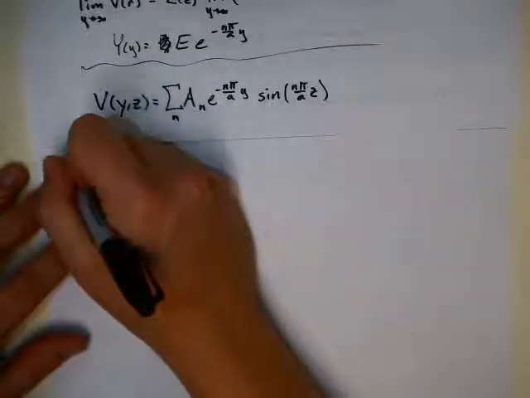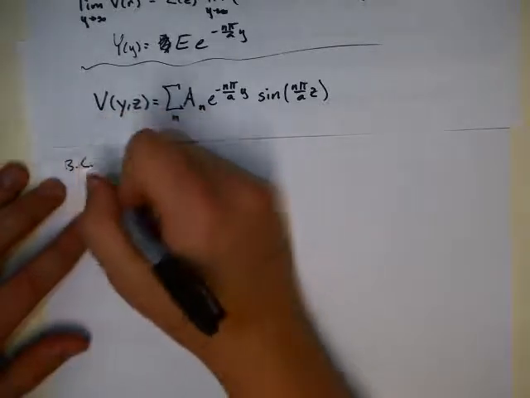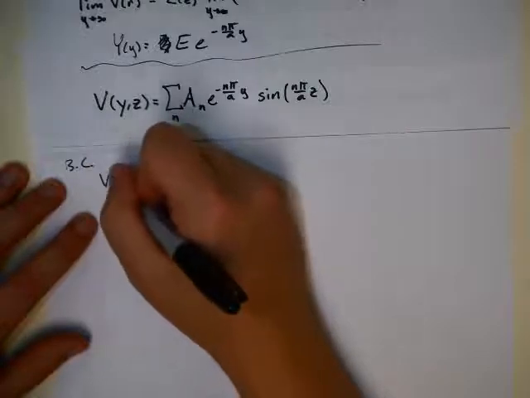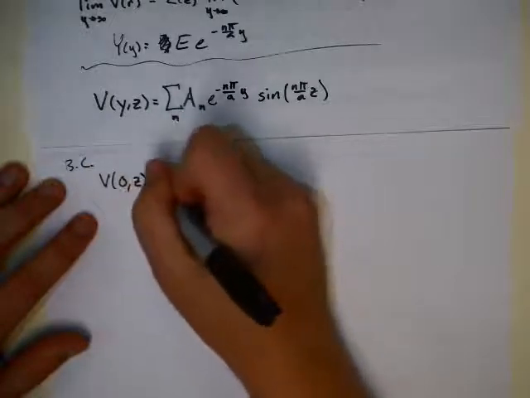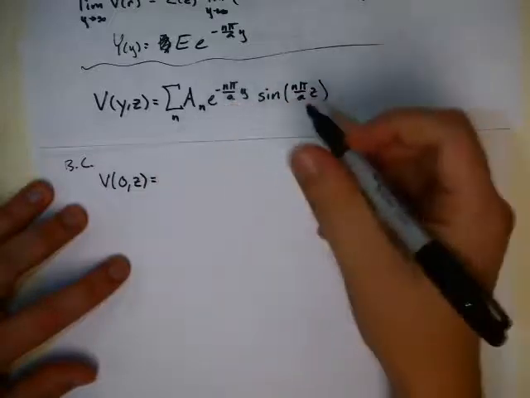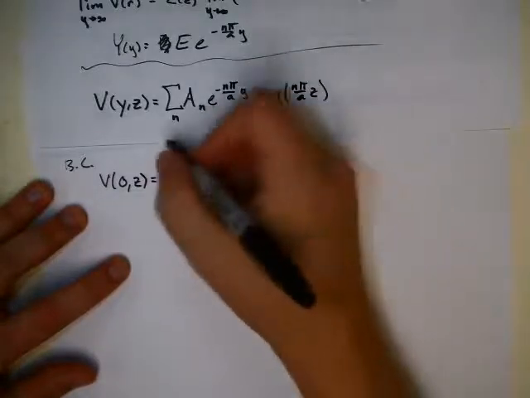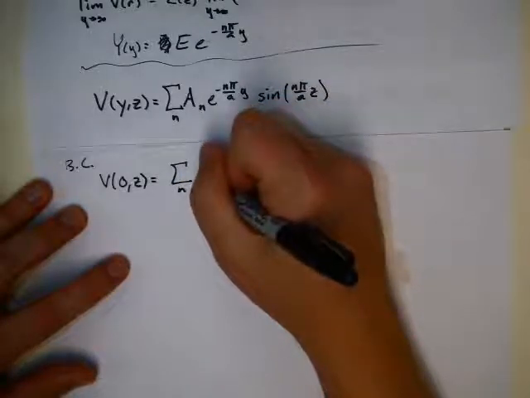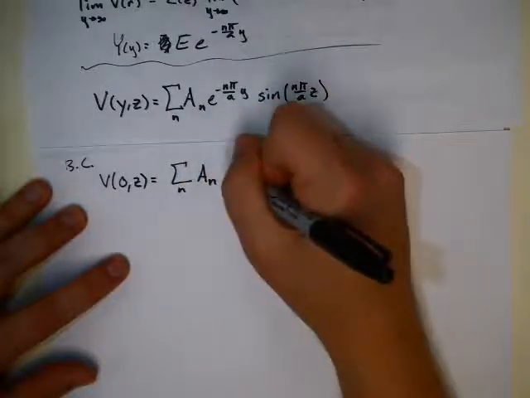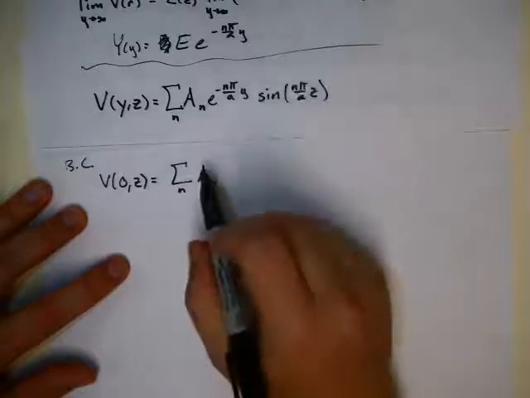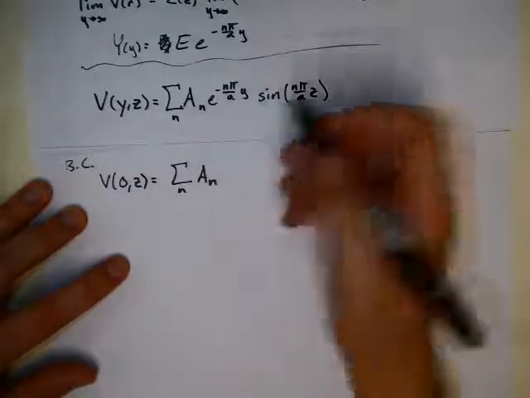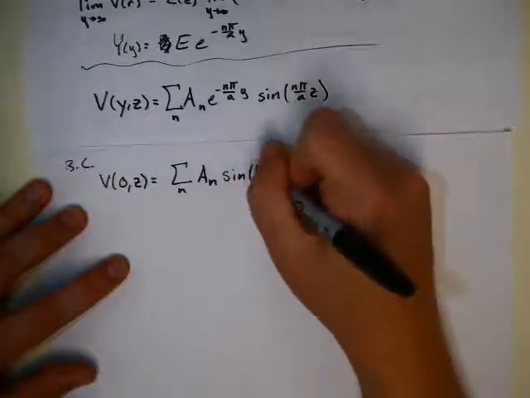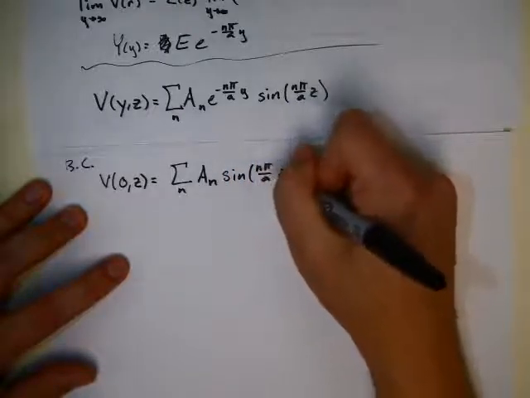The final boundary condition is that V at (0, z) is going to be equal to, at y equals 0, the sum over n of A_n, the exponential of 0 is just 1, so that's 1 times the sine of n pi over a z.